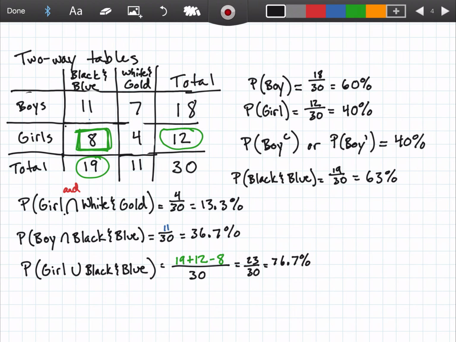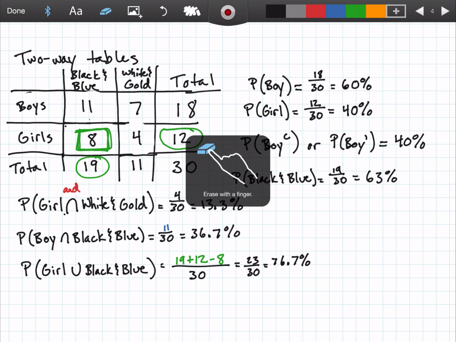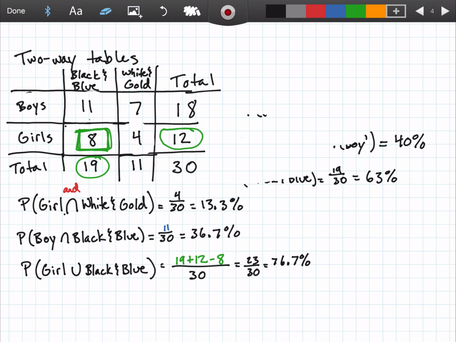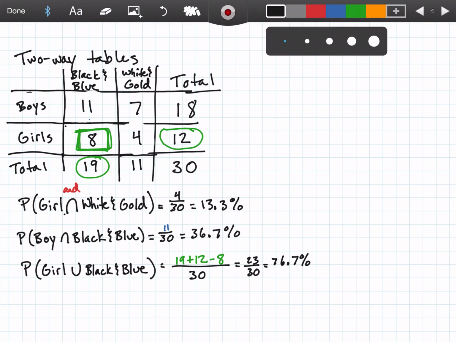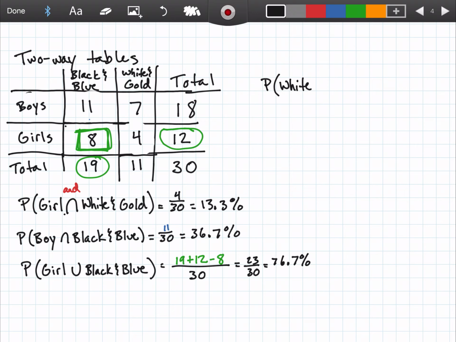Okay, I would like to look at 2 examples. I'm going to erase these. 2 or more of some conditional probability. So maybe the probability that someone sees white and gold given that they are a boy.